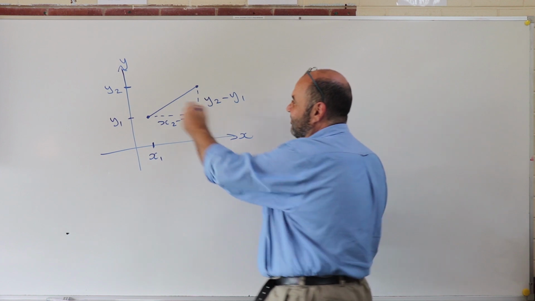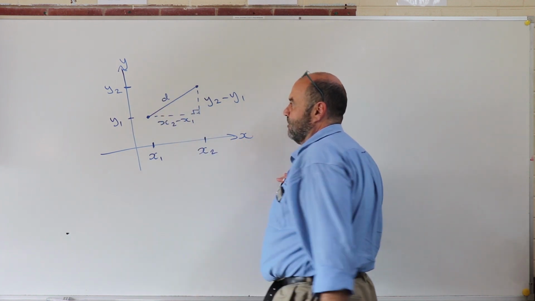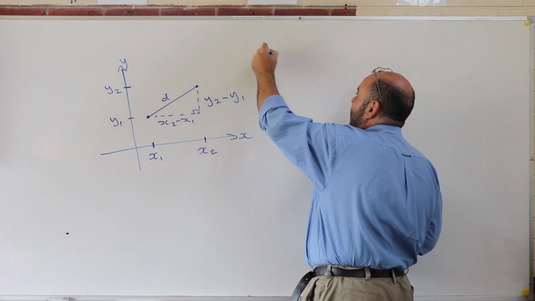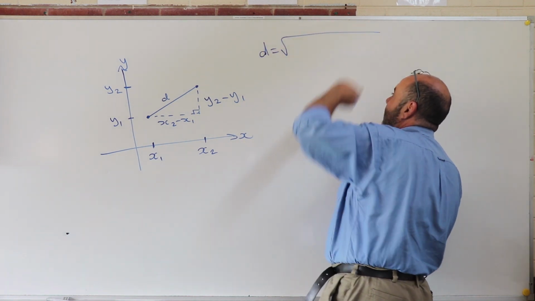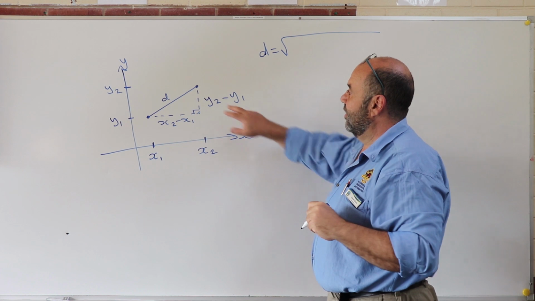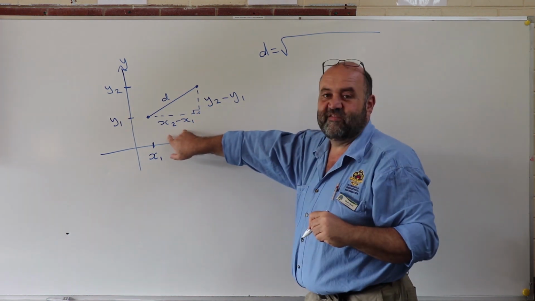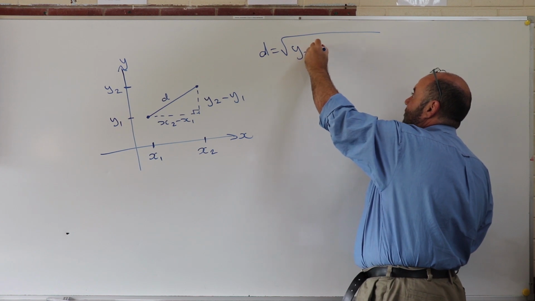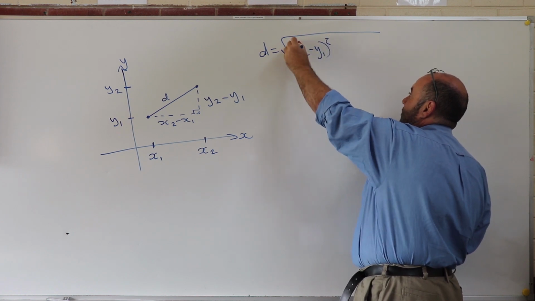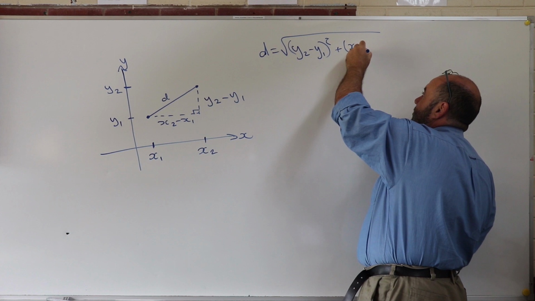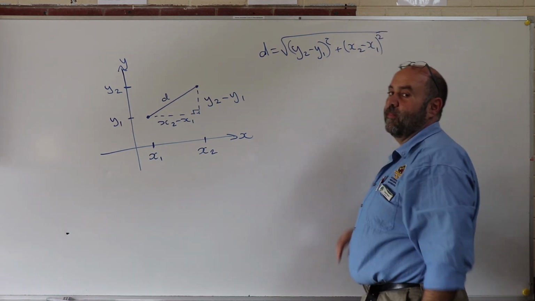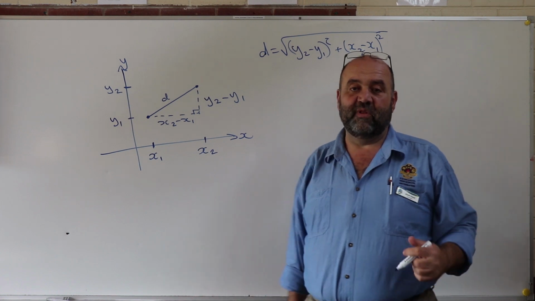If I call this distance here d, Pythagoras' theorem tells me that d is equal to the square root of that distance squared plus that distance squared. And that's the distance formula.